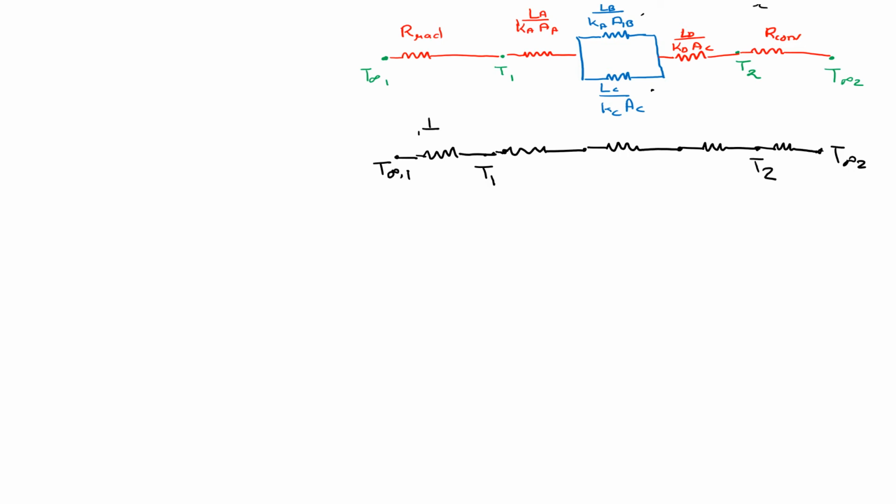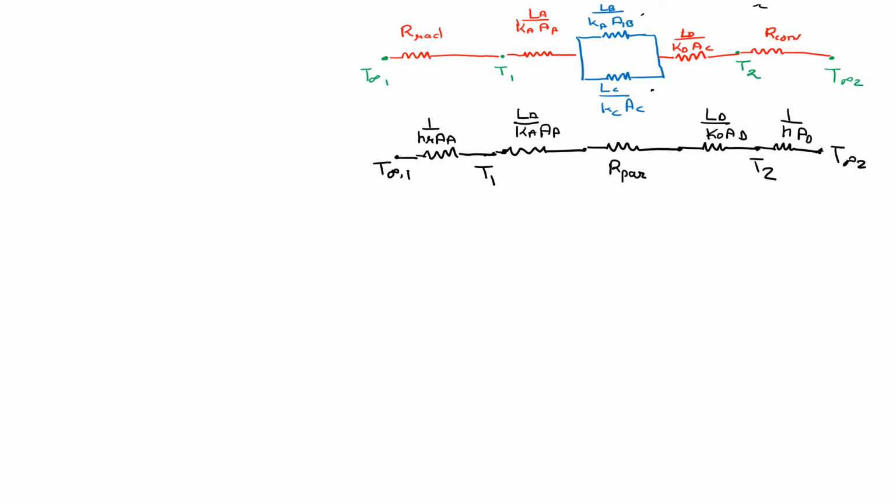This will be 1 upon hr into AA, this will be LA by KA AA, and this right here will be the R parallel that we just found. This will be LD by KD AD, and this is 1 upon h AD.